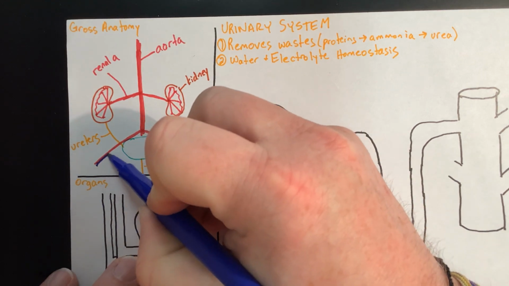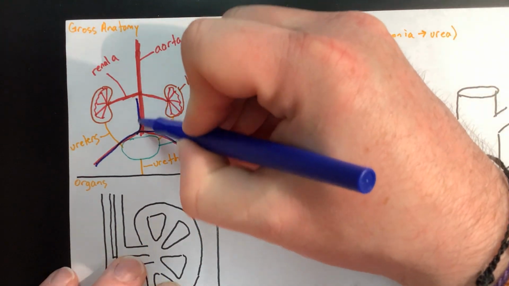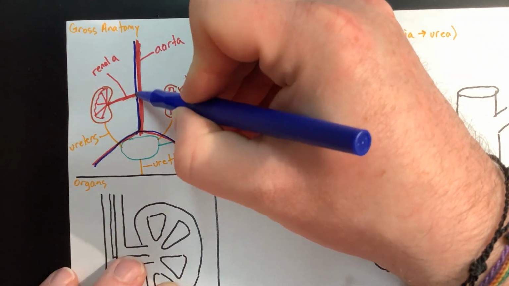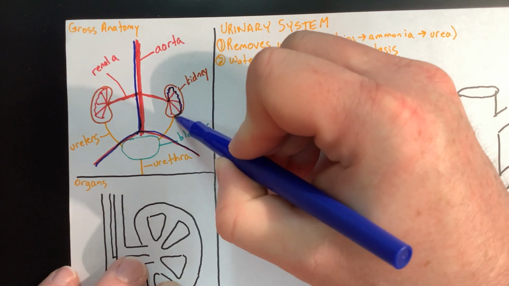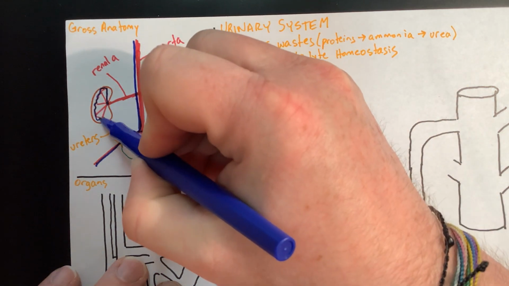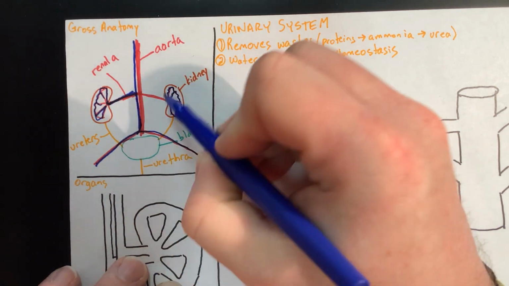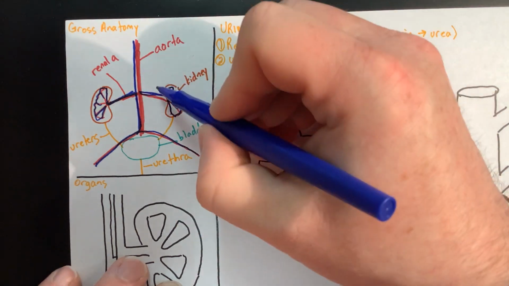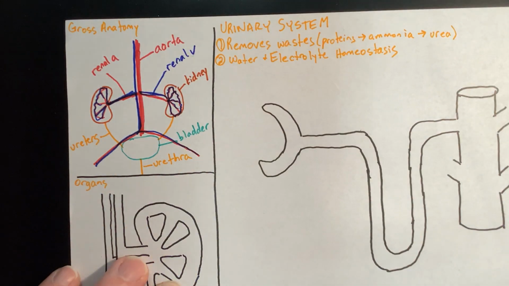And then let's draw our veins going back to the heart. All right, so there'll be veins in the kidneys parallel to the arterial system. And these veins coming back are the renal veins.